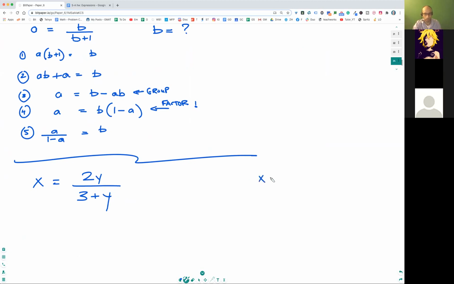Try to solve x is equal to maybe, yeah, try this one. M is equal to 3n over 2m.